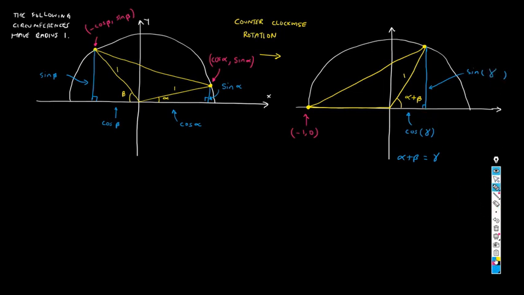Okay, and now also in red, I'm gonna write the coordinates of this point. What are the coordinates of this point? It's gonna be cosine of gamma, comma, sine of gamma. Okay, so we have all of this stuff.